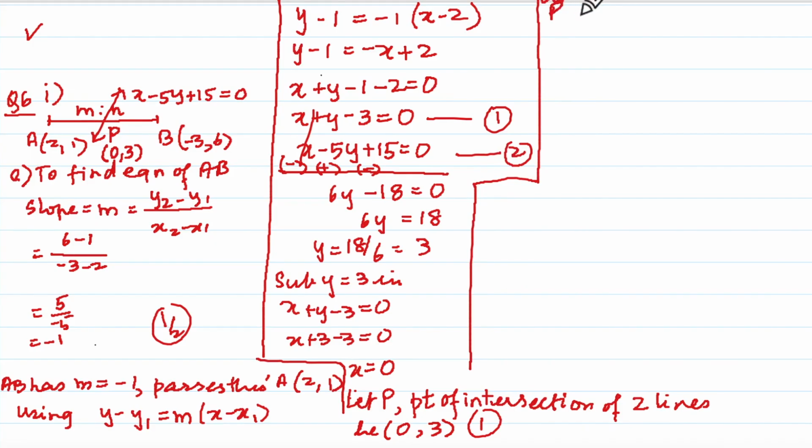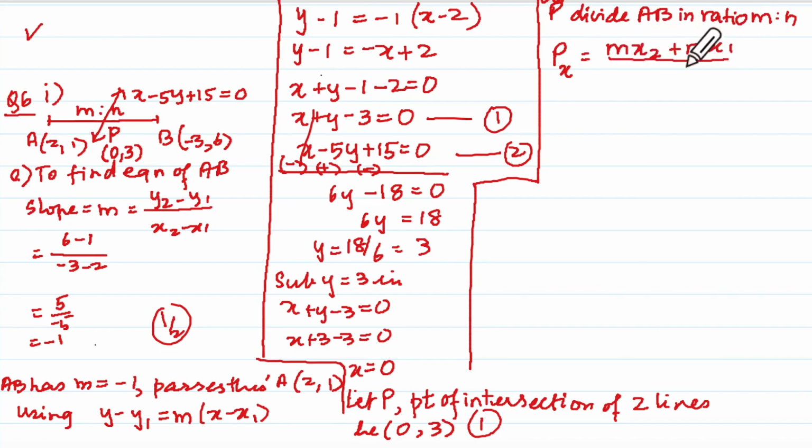Let P divide AB in ratio m is to n. So I know 0 will be going faster. I'll take x formula. So the x coordinate of P will be equal to mx2 plus nx1 upon m plus n.